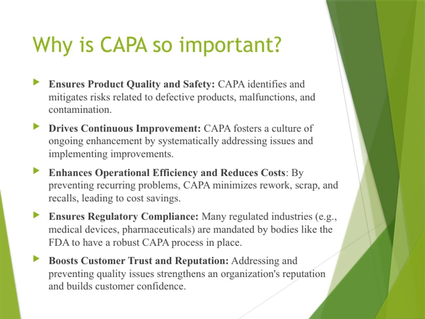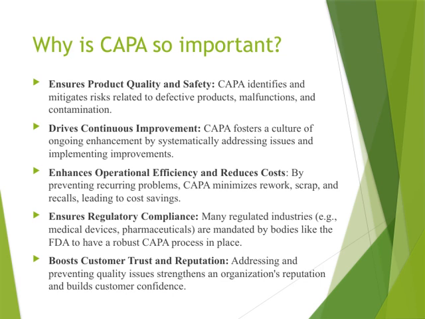Another key benefit is operational efficiency and cost reduction. When we prevent problems from recurring, it means less rework, less scrap, and fewer recalls, all of which translate into significant cost savings. For those in regulated industries like medical devices or pharmaceuticals, CAPA is not just good practice, it's a requirement. Agencies like the FDA mandate a robust CAPA process to ensure compliance and uphold safety standards.